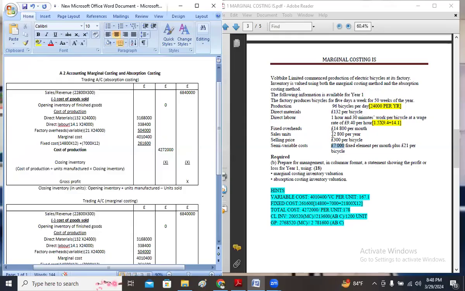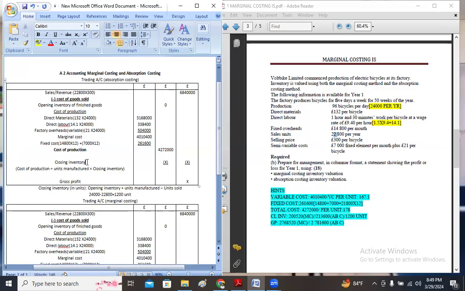It is easy to find out. You have produced 24,000 bicycles, but 22,800 have been sold. There is no opening inventory, so 24,000 minus 22,800 is 1,200 units or bicycles as the closing inventory.